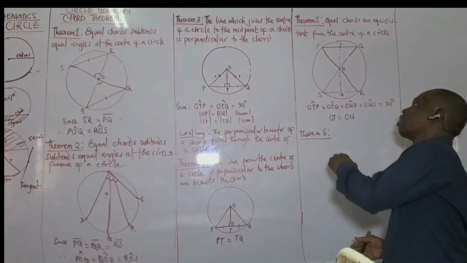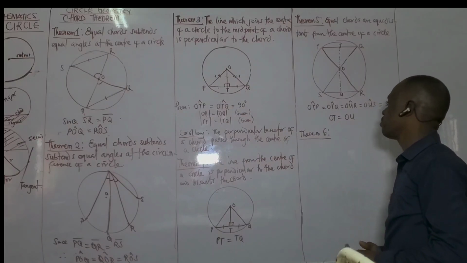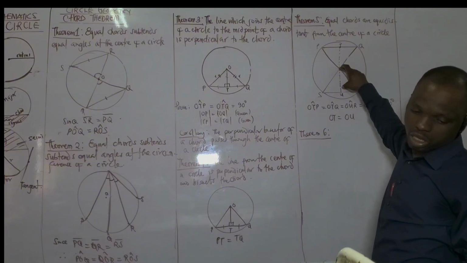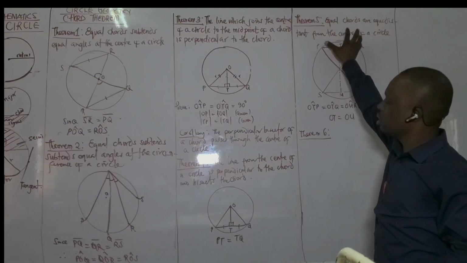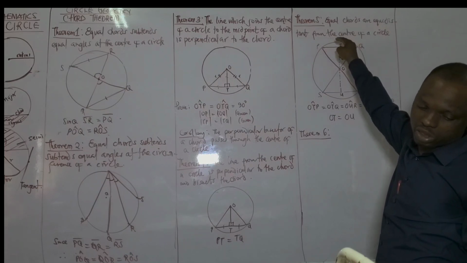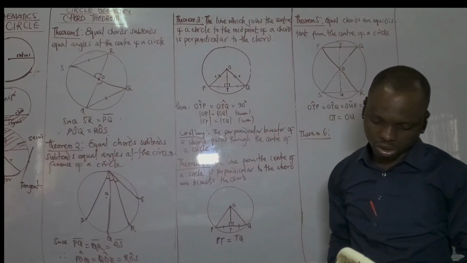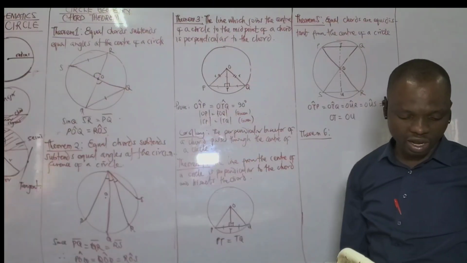So it's just a way of repeating Theorem 5, that equal chords of equal circles are equidistant from the center of the circle. So we will not touch this again, since we have been able to prove that under Theorem 5.